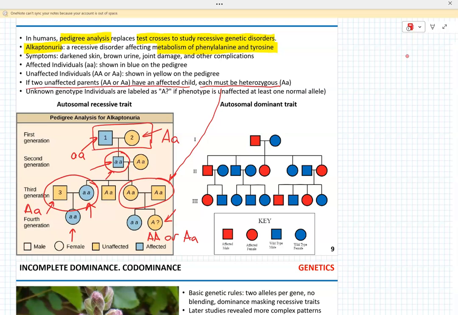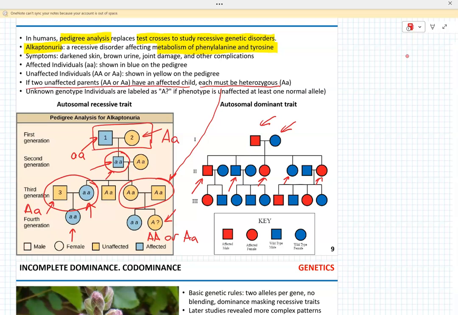Now, in the case of autosomal dominant trait inheritance, where red are affected, you can see that even though this parent is homozygous recessive, this parent is either heterozygous or homozygous dominant, and we cannot conclude because there's only one offspring here. Well, actually, we can conclude, because if you look at all the offspring, they're affected, not affected, affected, not affected, affected.